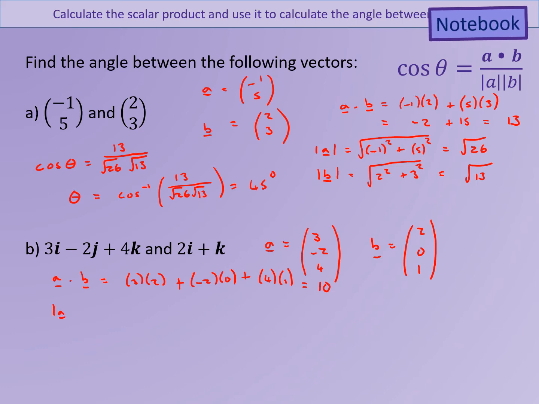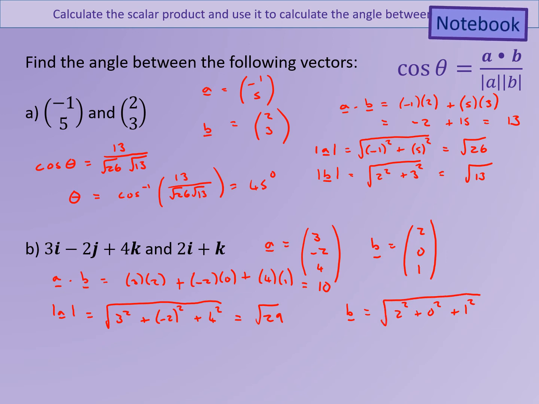The magnitude of A can be found 3 squared plus -2 squared plus 4 squared, square root, which is root 29. Magnitude of B is 2 squared plus 0 squared plus 1 squared, square rooted, which is root 5.